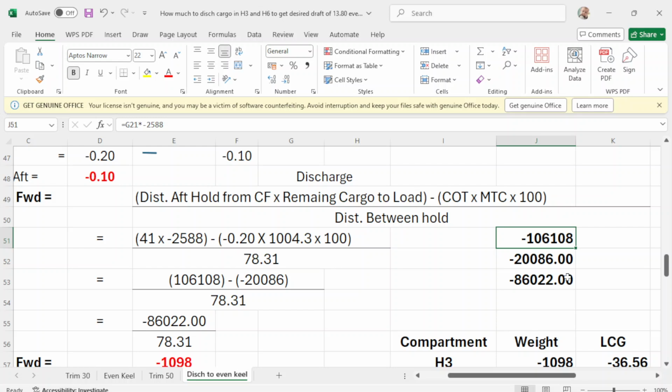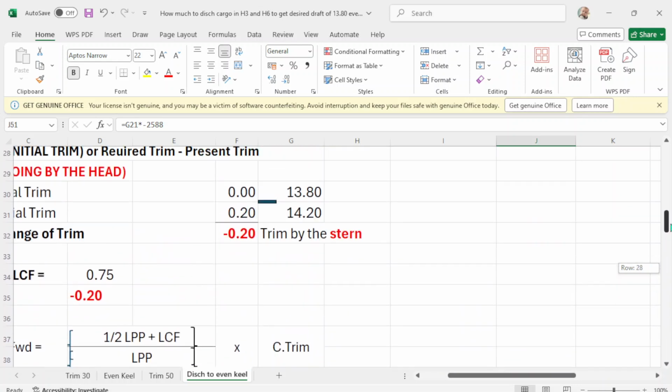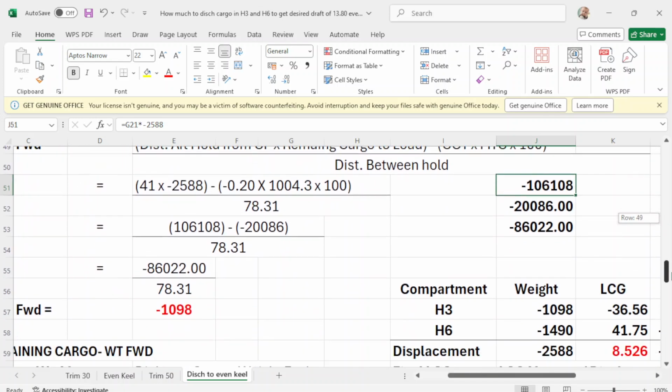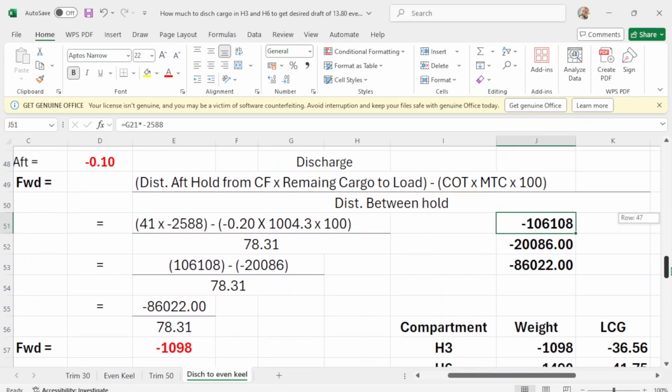The change of trim is 20 centimeters negative. Okay, and MTC, you have your MTC here, and you times 100. So this one is 41 times 2558 is negative 104,878.